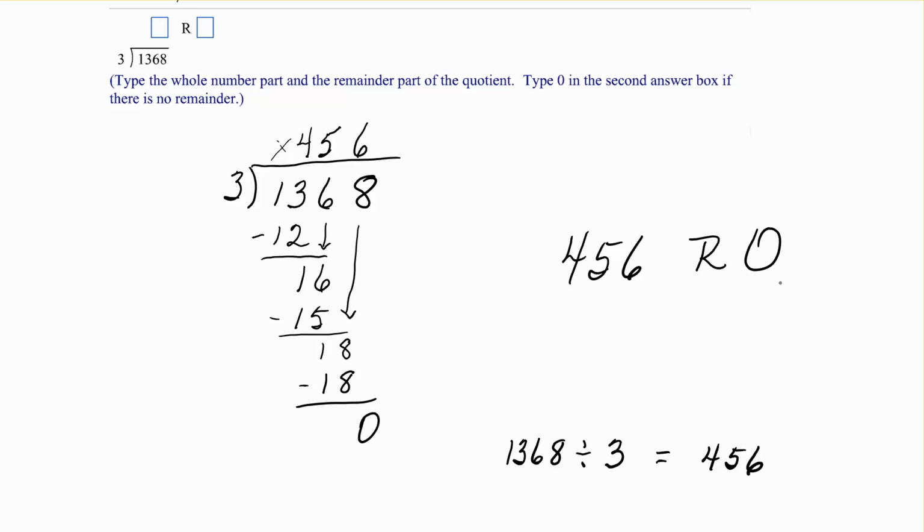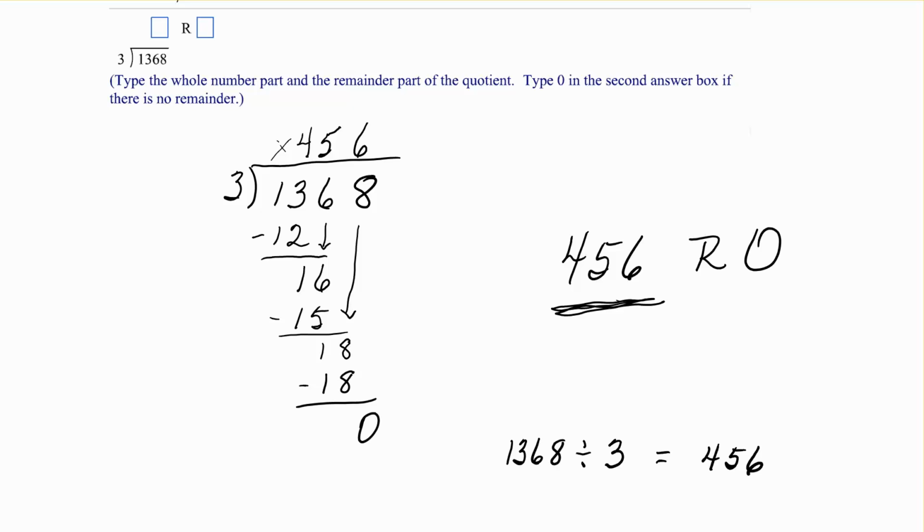So review your long division and use your calculator. It will give you this part accurately, but it will not give you the remainder accurately. It will give you a decimal, which is not the same as a remainder. So we will talk about that another time.